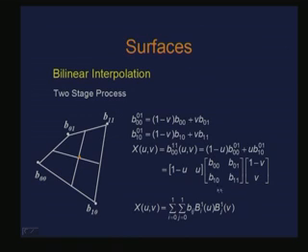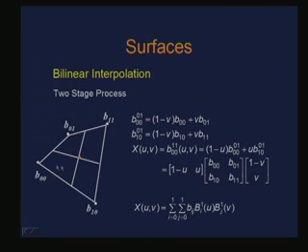I can write the surface x(u,v) as a sum of functions b_i and b_j along with the geometric information b_ij. So, the surface which I obtain is a simple surface which interpolates all these 4 points.